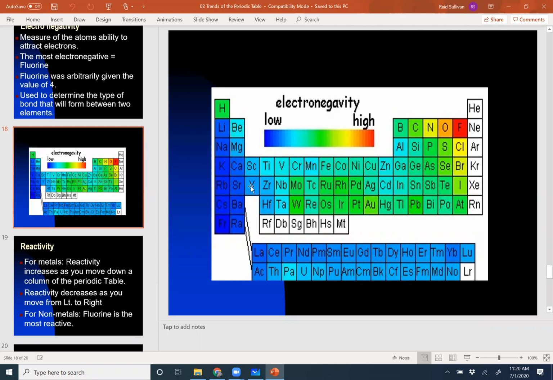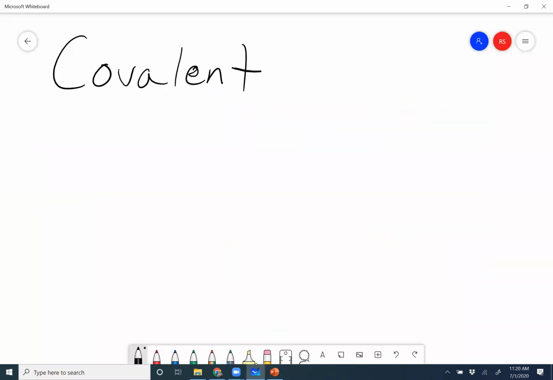And then they're kind of rainbow in between. So basically, electronegativity is the desire for the electrons.